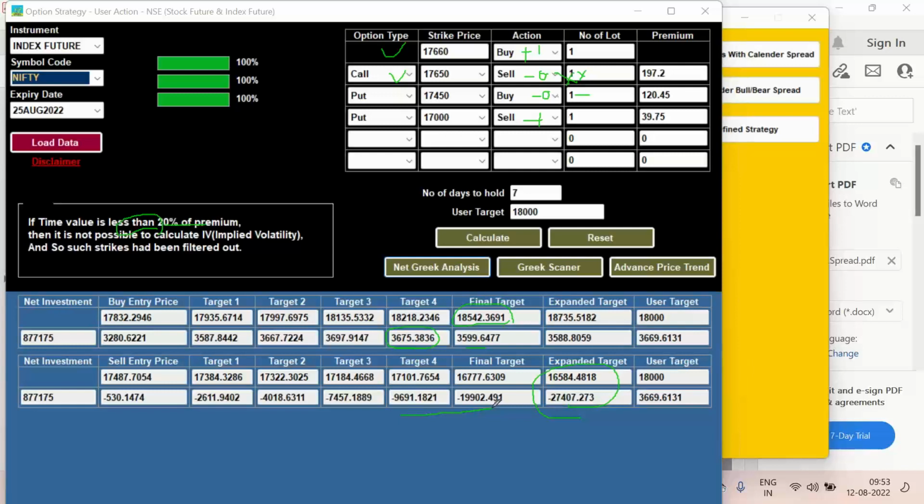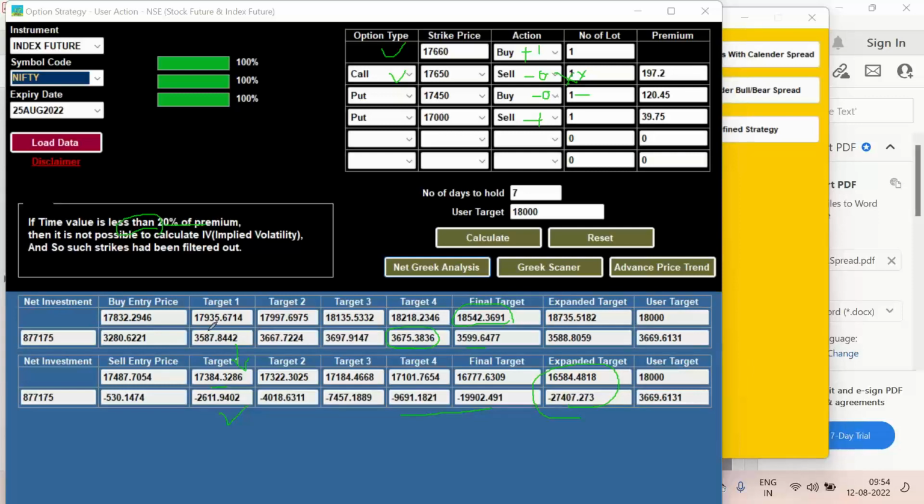You should know that in the extreme case I am not going to hold this strategy. If the Nifty falls back to 17,384, I can close this strategy and come out. In the extreme case, if you hold on, this strategy is going to give you a bigger loss. And if you hold this strategy to the maximum level, it is going to give you only 3,600.